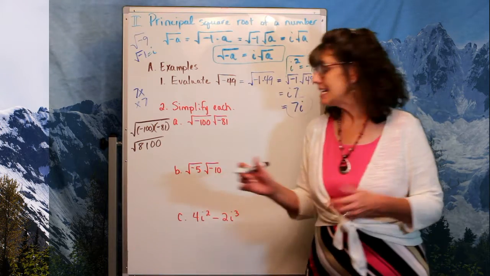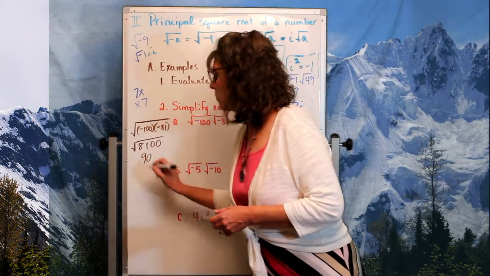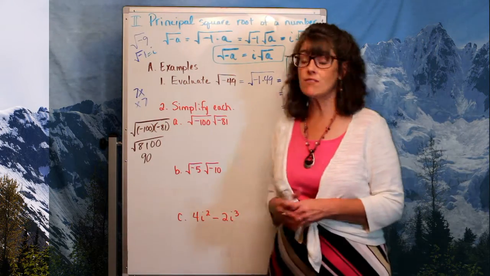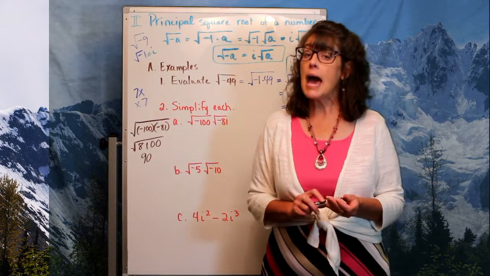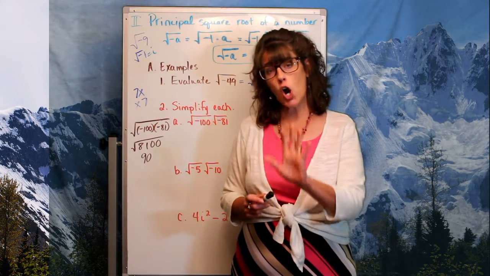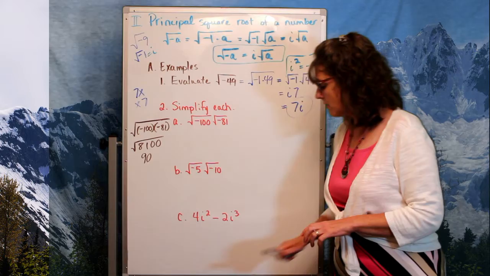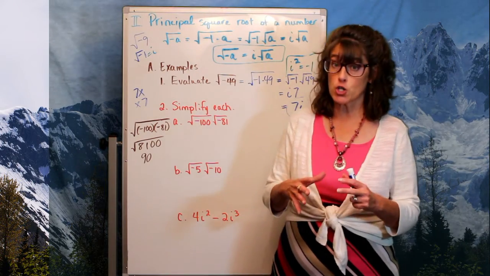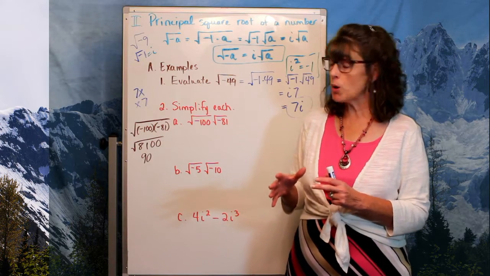That's a 90. 90 times 90 is going to give me 8100, and I'm still dealing with the principal square root. So I'm not worried about the -90, just the positive 90. However, again, caution. When you have a negative underneath the square root, you really need to deal with that negative first. Watch what happens when we deal with this properly.